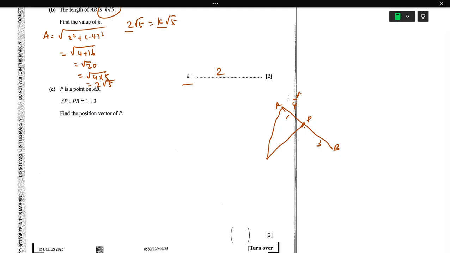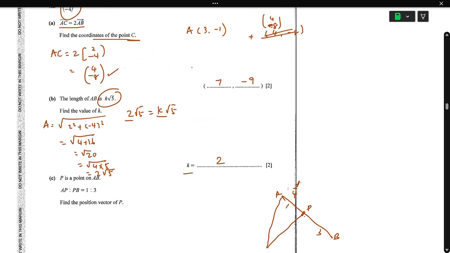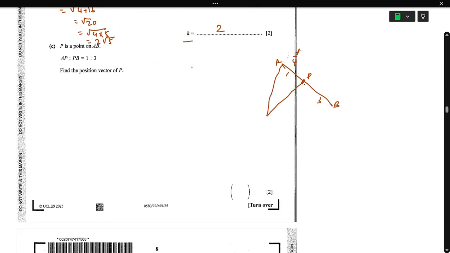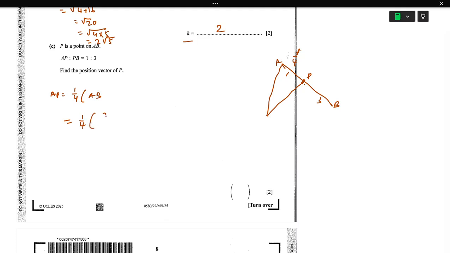AB is 2 comma minus 4. So AP equal to 1/4 of AB, which is 1/4 of 2 comma negative 4, so 1/4 of 2 is going to be 0.5 and negative 1. This is AP. Now I need to find OP.